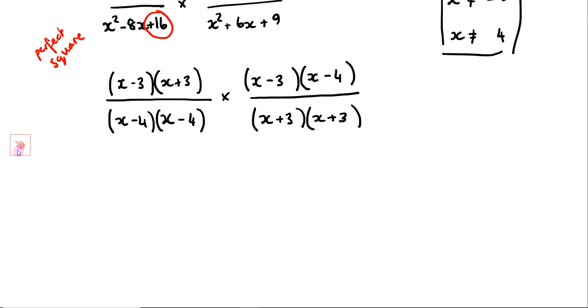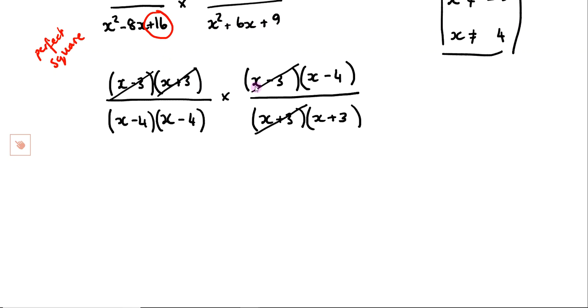So now can I cancel? I've got an x plus 3 which will cancel with x plus 3. Can I do an x minus 3 with an x minus 3? Nope. Why not? Because when I cancel, I'm picking out the factors that would divide and make 1.